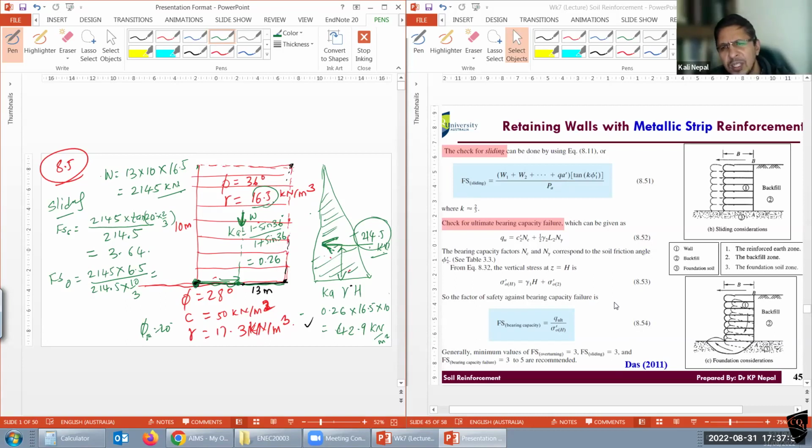I think this is 5/1, and I can check again, not 20, because we are doing sliding. So that is not what we needed to do.